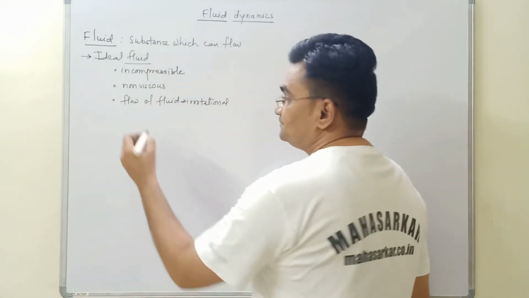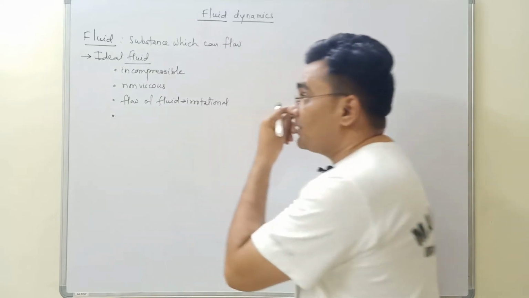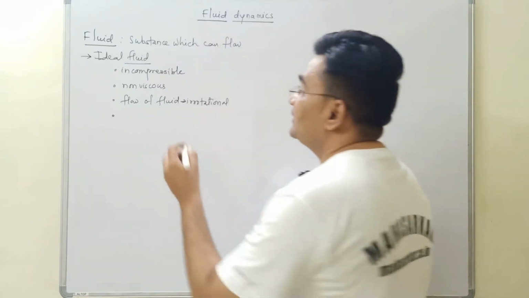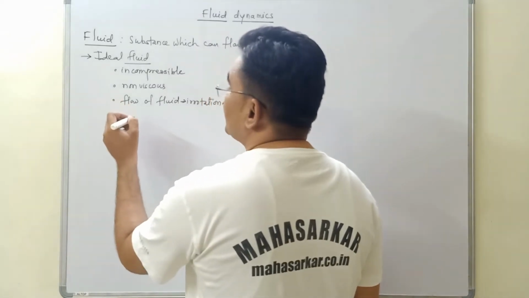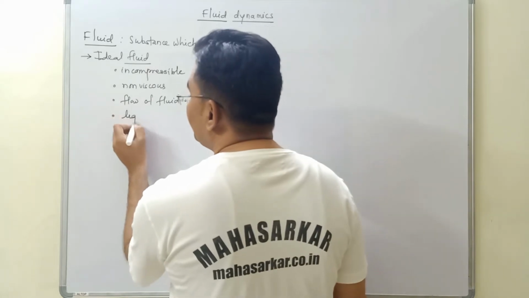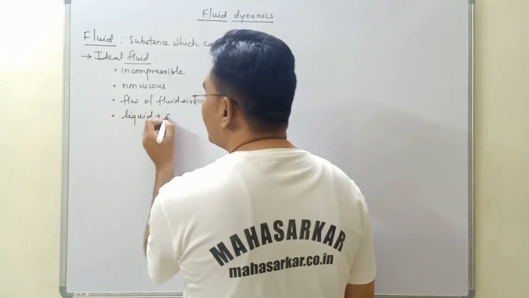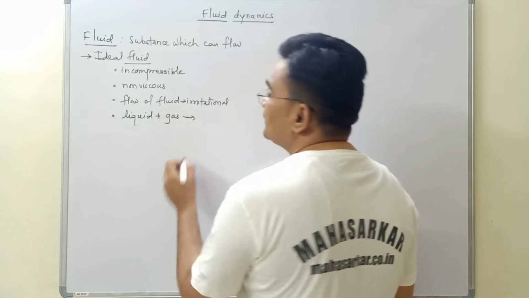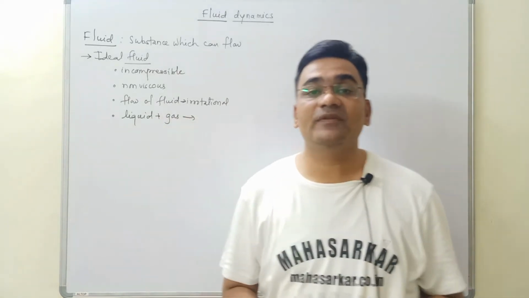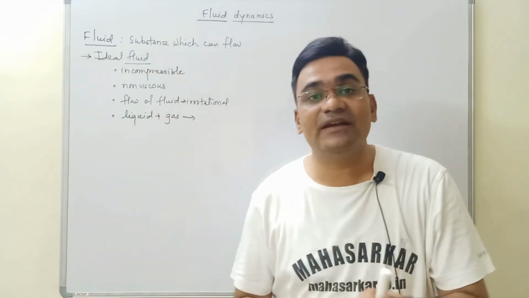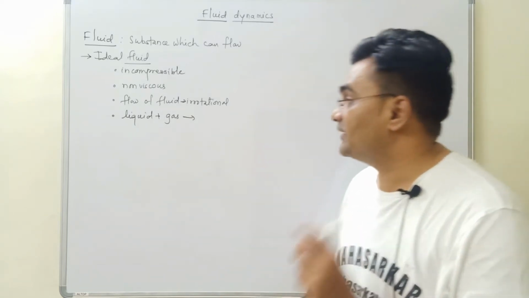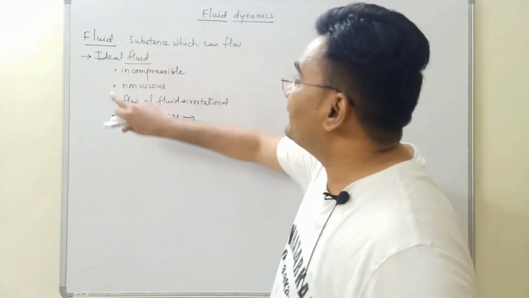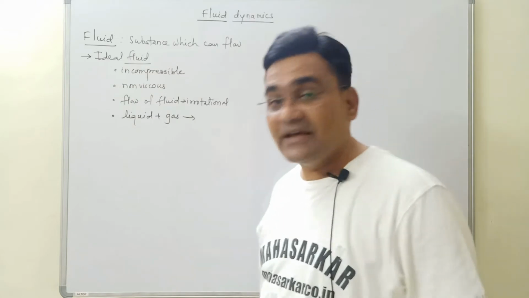And finally, that fluid should possess all the properties related to the structure of liquid plus gas, meaning the intermolecular force of attraction between them is sufficiently smaller than that of solid.